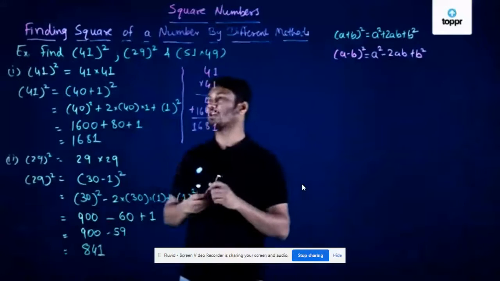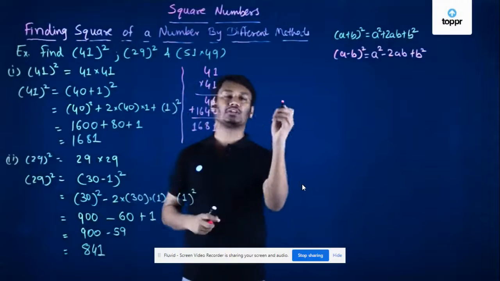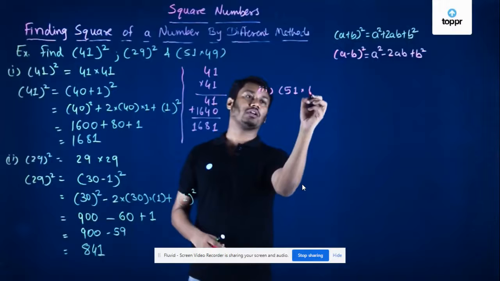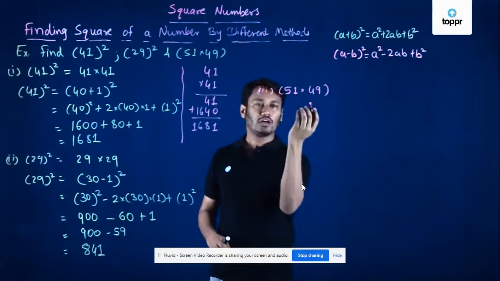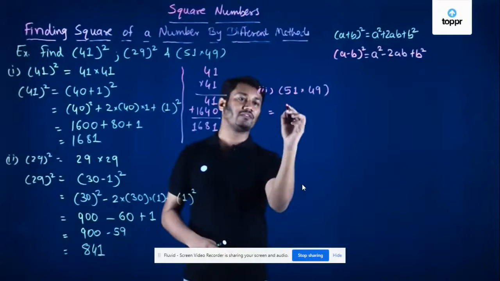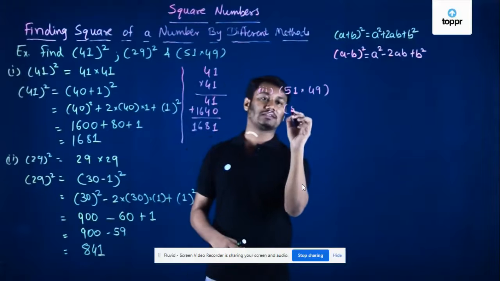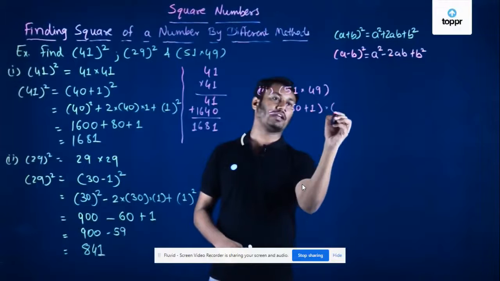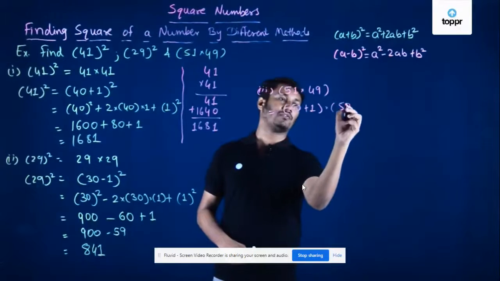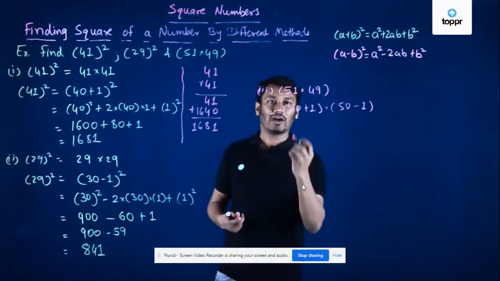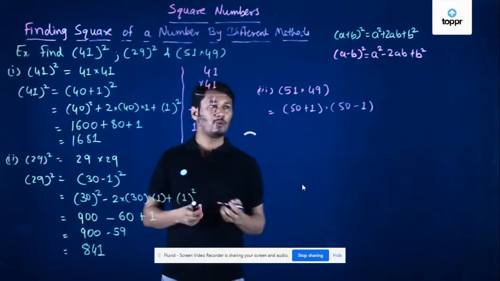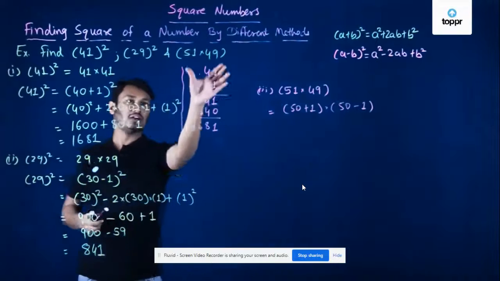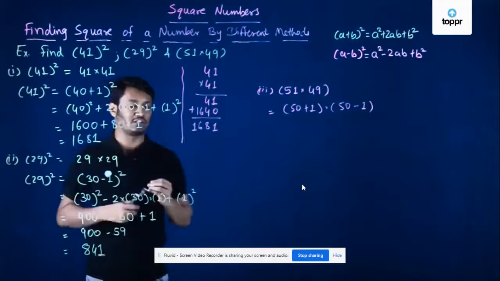Let us now quickly go through one last question that we have, number 3, where I want to find out 51 into 49. Now here, students, I can write 51 as 50 plus 1 and 49 as 50 minus 1. Otherwise, I can perform 51 into 49 using a similar standard multiplication procedure.